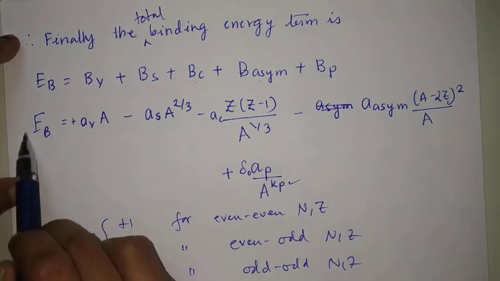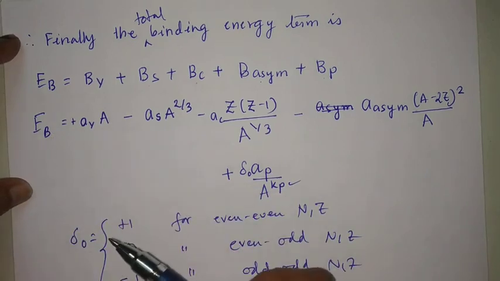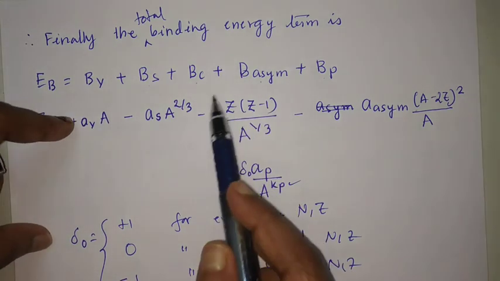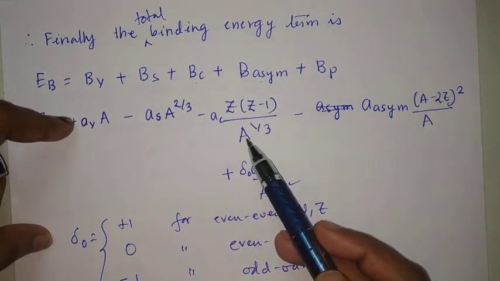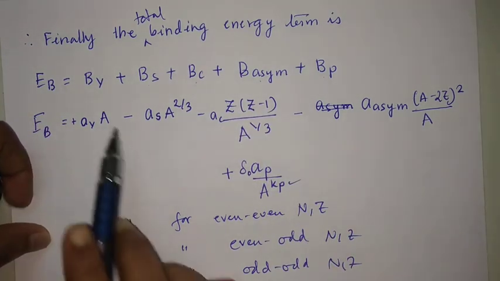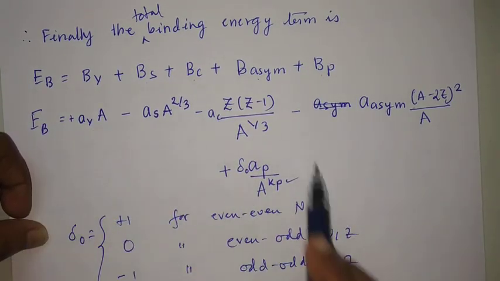So you have to calculate this binding energy, or you may be asked to calculate any one of the terms, like the Coulomb energy term, where Z value and A value are given, AC is also given, and you have to calculate the Coulomb energy term. So you have to memorize this entire expression.